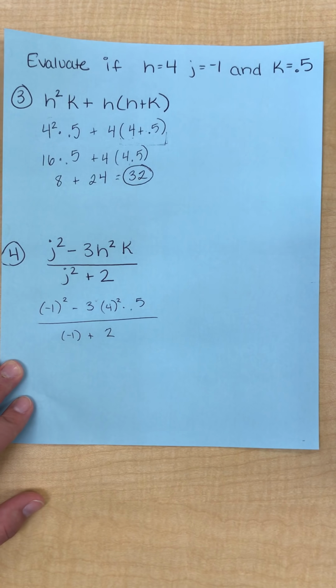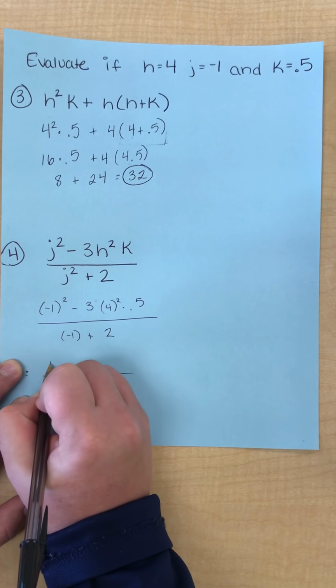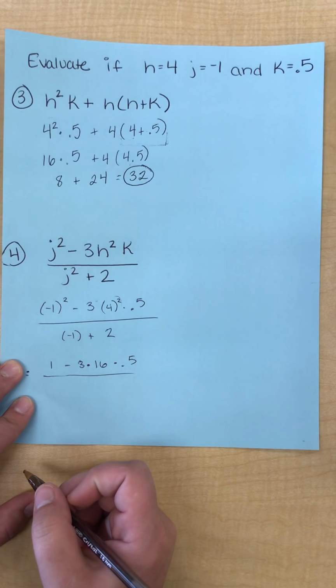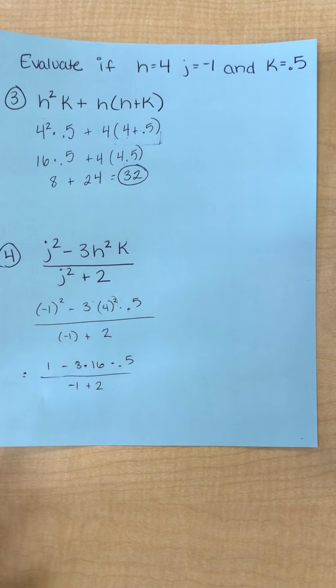All right, so parentheses first. -1 squared would give me just 1. 4 squared, that's my other parentheses. So I've got minus 3 times 16 times 0.5. And then I can keep the -1 plus 2 on the bottom.